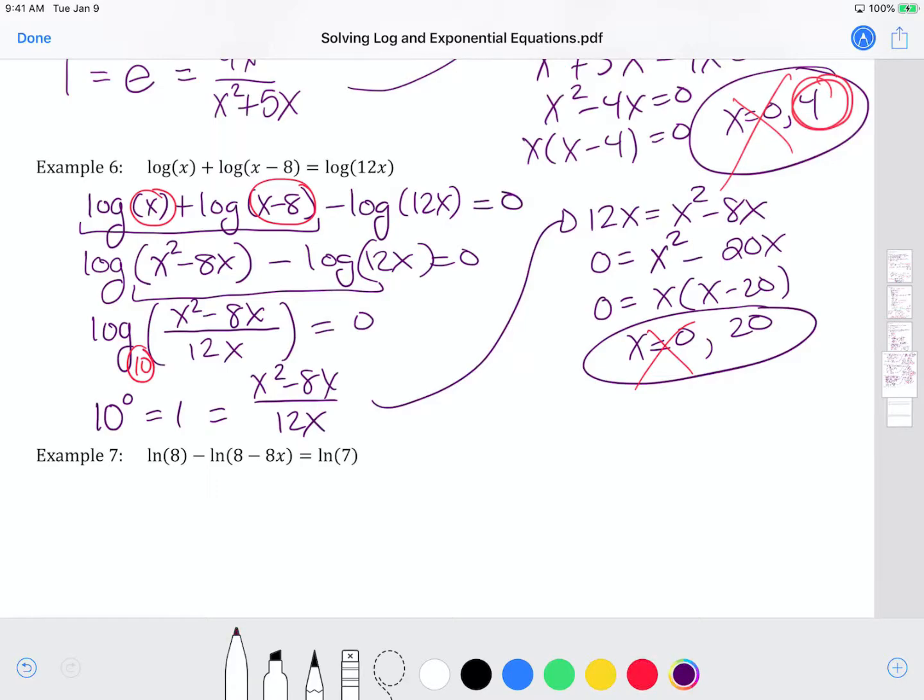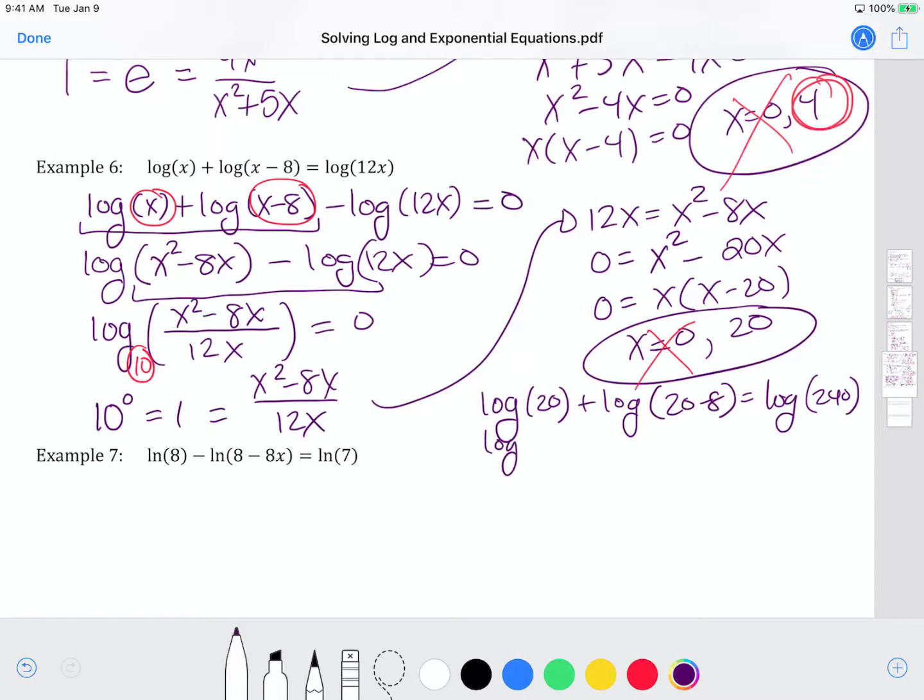But if I plug in 20, let's check that one. I would get log of 20 plus log of 20 minus 8 is equal to log of 12 times x, or 12 times 20 would give me 240.